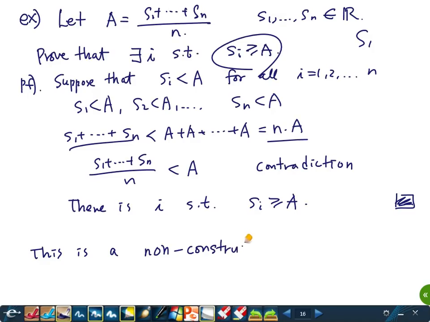Sometimes the proof is like this. It doesn't show you what this is, but it tells you that there must be something. We don't know what that is, but there is something. Still a proof.